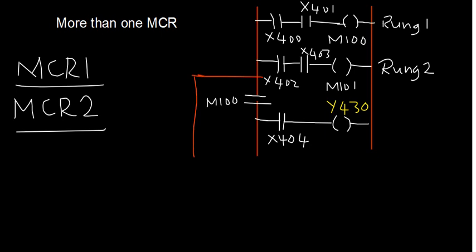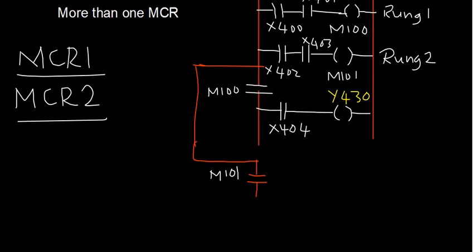Now I will have the contacts of M101 here, somewhere here. So now this I will write it as M101. This contact I am writing it as M101. So let me take it to the other side.